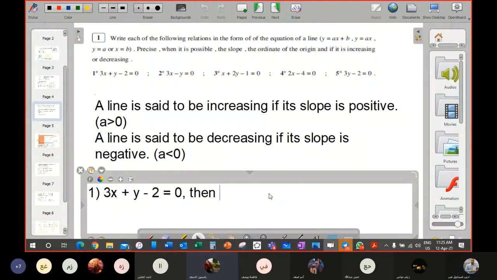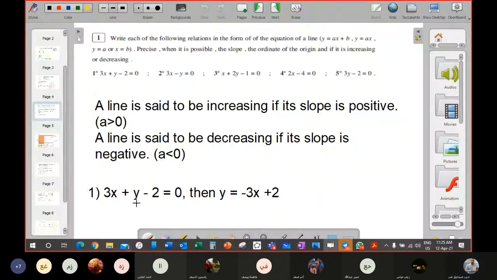3x plus y minus 2 equals 0. So y equals minus 3x plus 2. We take 3x to the other side of the equal, it becomes minus 3x, and we take minus 2 also to the other side of the equal, it becomes plus 2.